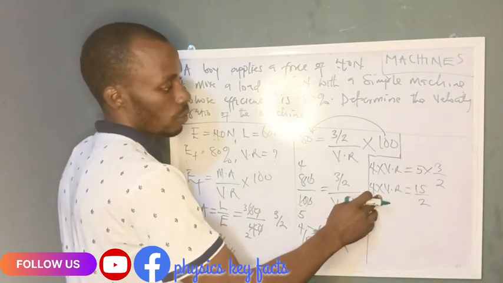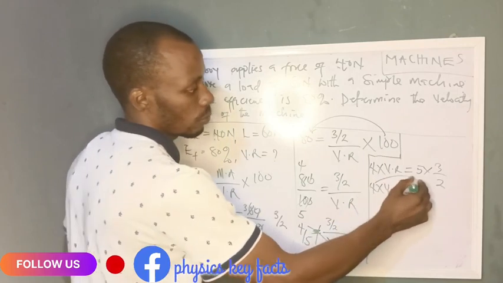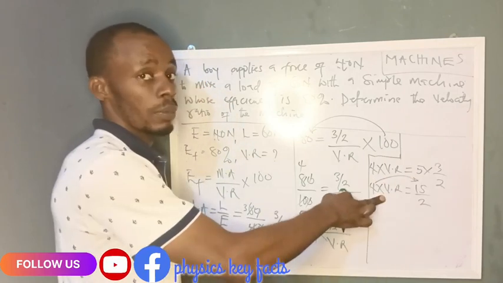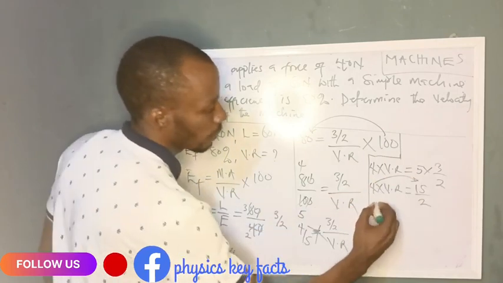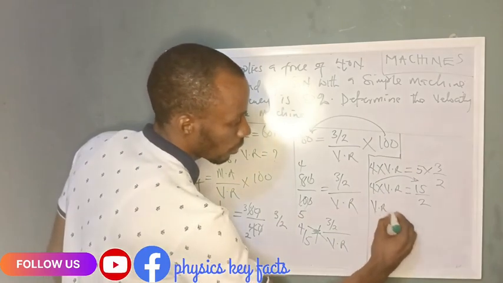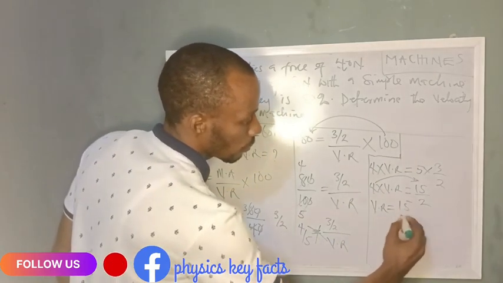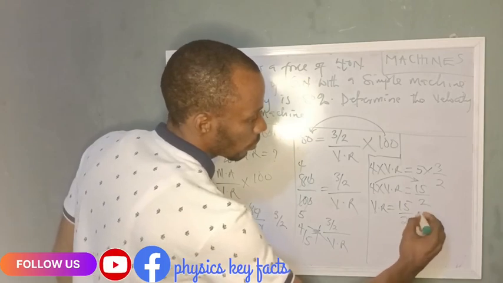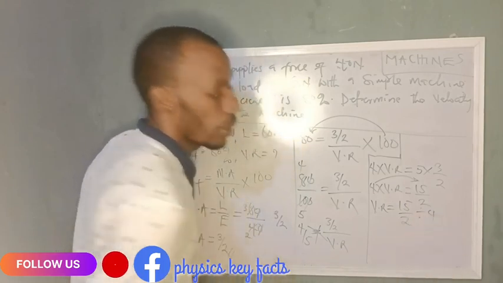So I'm going to move 4 to the other side. The multiplier here, when you get over here, becomes the divisor. And now our velocity ratio is 15 over 2 divided by 4.